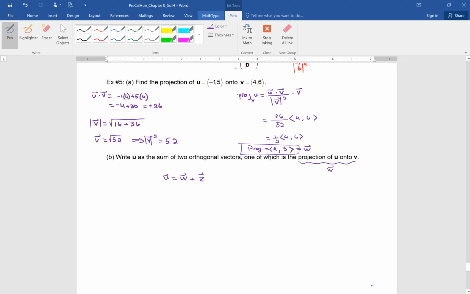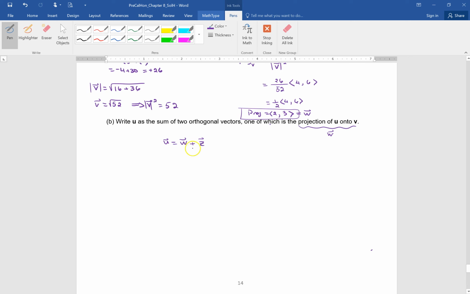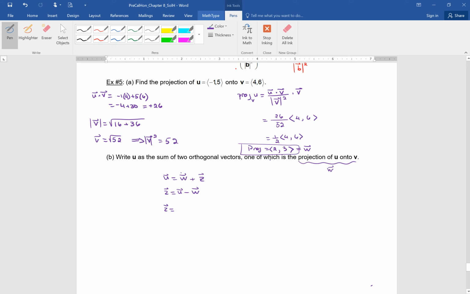Well, it will be, as it turns out. So look at what we're going to do now. What is Z? If you subtract W from both sides, it's just U minus W. So Z is U, which was negative 1, 5 in the previous part, minus W, which is 2, 3. So what's Z now?